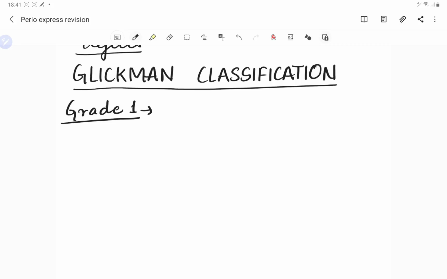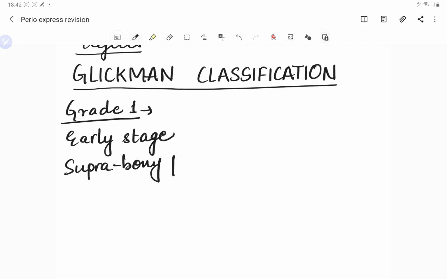So grade 1 means there is an early furcation involvement. That means the furcation involvement has just started. Since this is an early stage, most of the time the pocket is a supra-bony pocket. If you look at the radiograph, you will usually not find any changes.